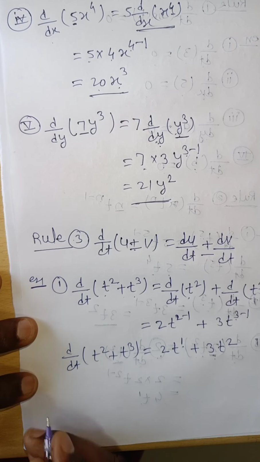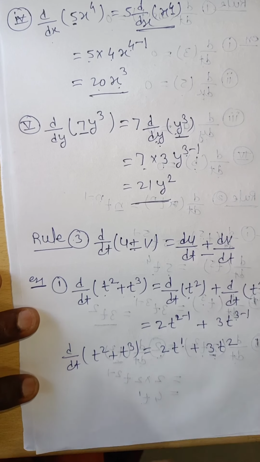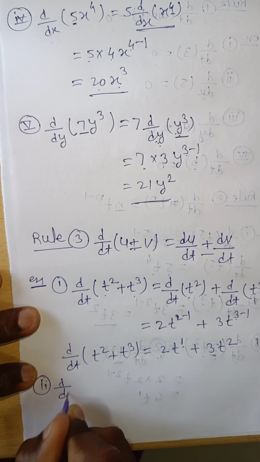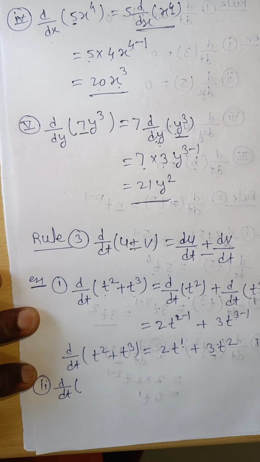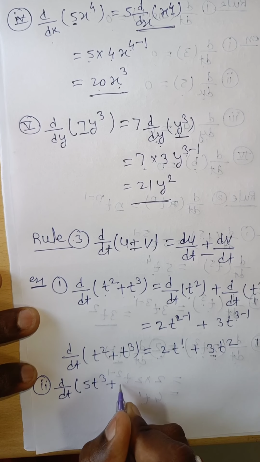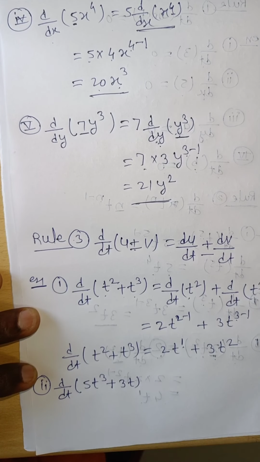Now similarly we take another example, that is d by dt of 5t cube plus 3t.